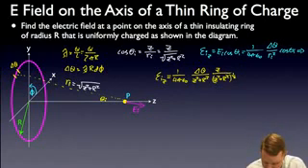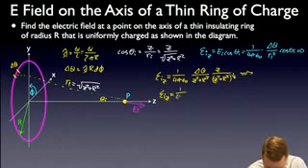Well, z squared plus r squared times z squared plus r squared to the 1/2 is going to be z squared plus r squared to the 3/2. So we can rewrite this again as Ei in the z direction is 1 over 4 pi epsilon naught.